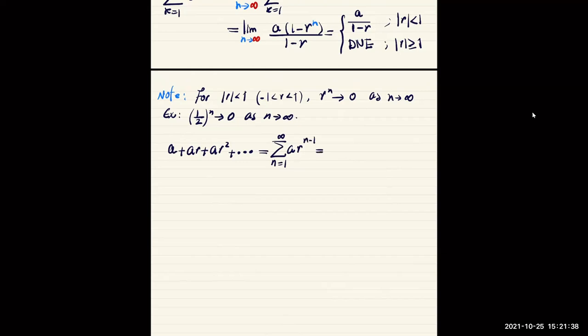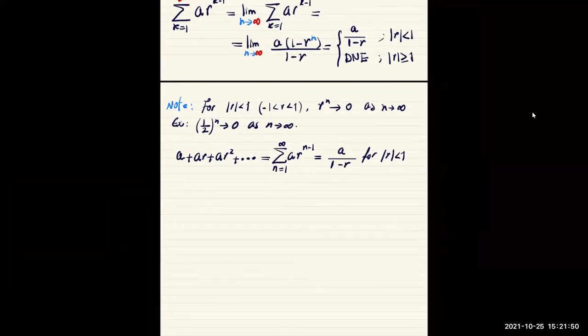This is equal to a over 1 minus r for absolute value of r less than 1. The series would be convergent if the common ratio is between -1 and 1.